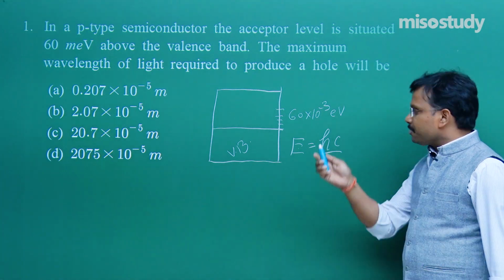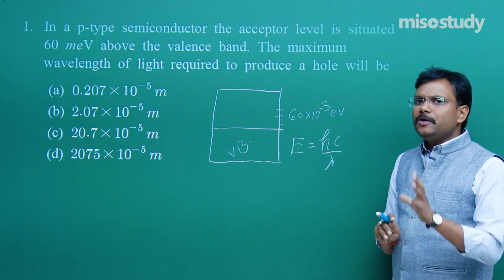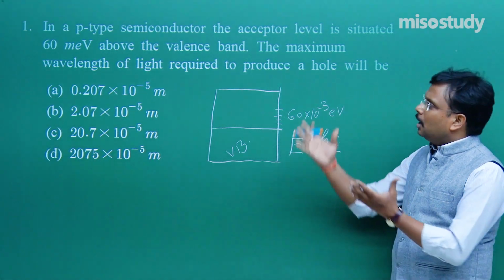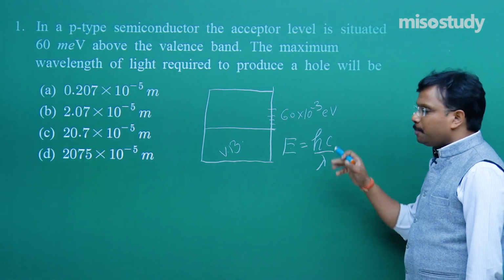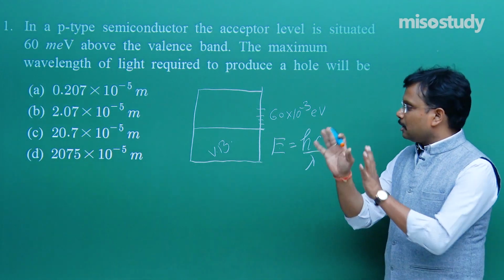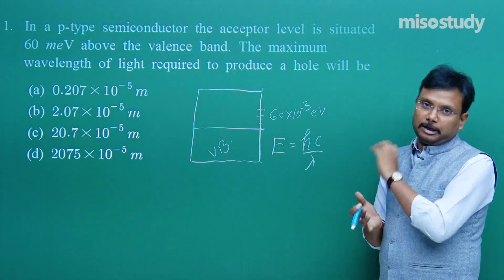So calculation practice, and a few terms you can remember. What are those few terms? Say for example, h into c is a value which in general you use in your modern physics in these types of examples. So better remember 6.63 into 10 to the power minus 34 multiplied by 3 into 10 to the power 8. Remember the final result after these two multiplications.